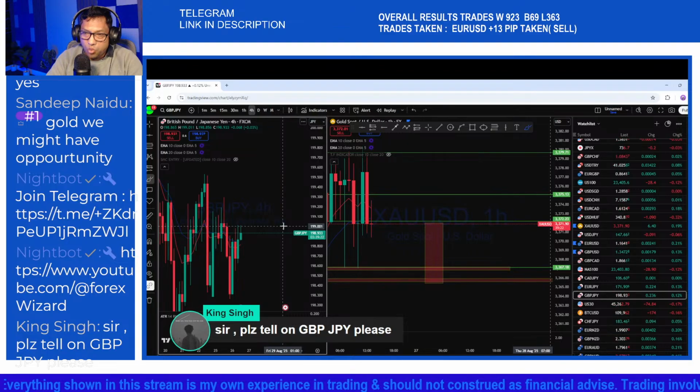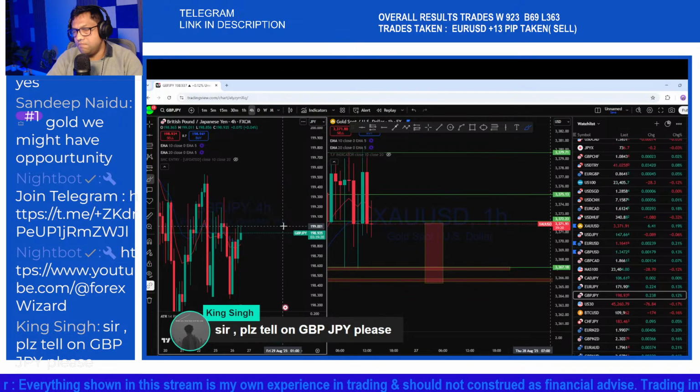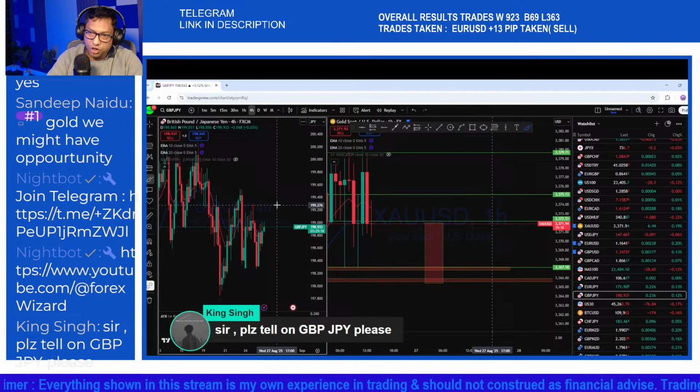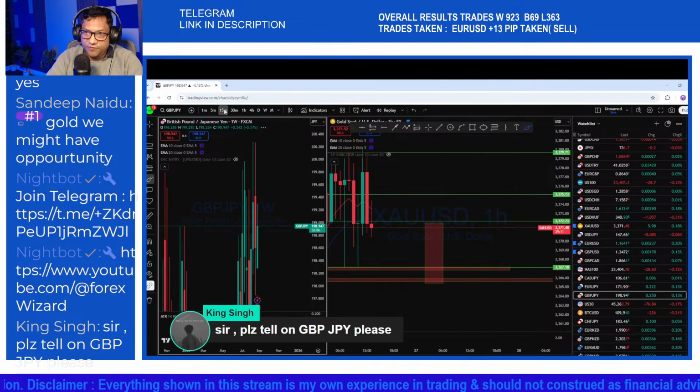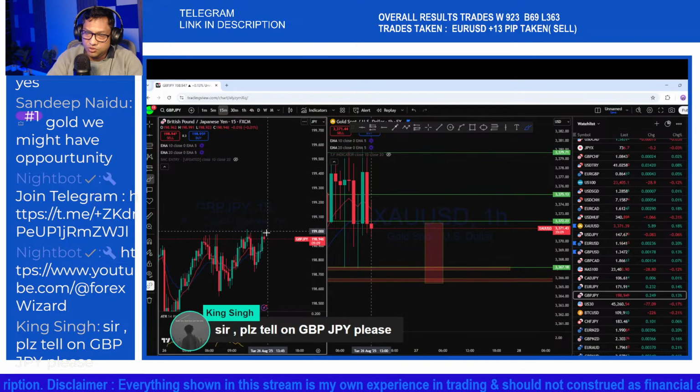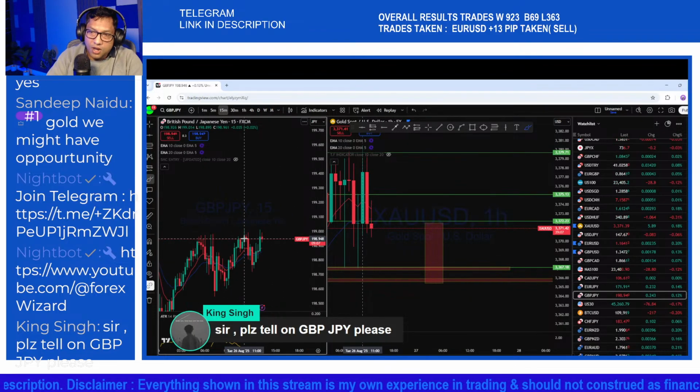So GBPJPY, from the bigger picture perspective and the smaller picture, is not trending at the moment. If you look at the very lower time frame on the 15 minutes, we can see some local bullish trend.